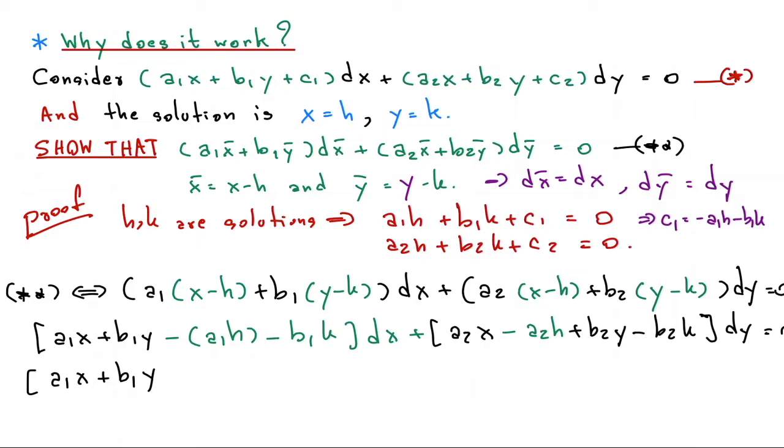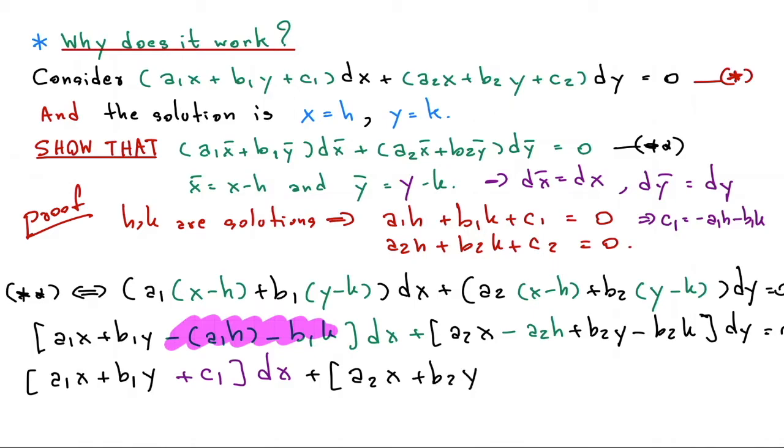So this guy is actually c1, dx, plus a2 x plus b2 y minus a2 h minus b2 k.